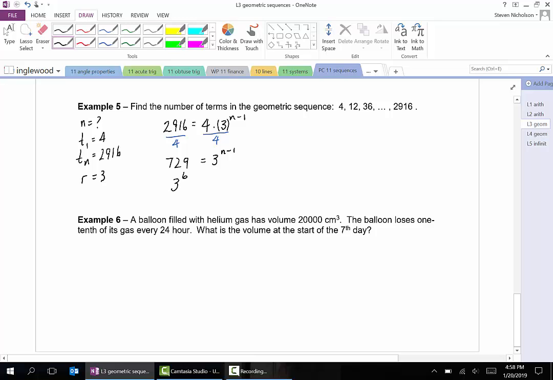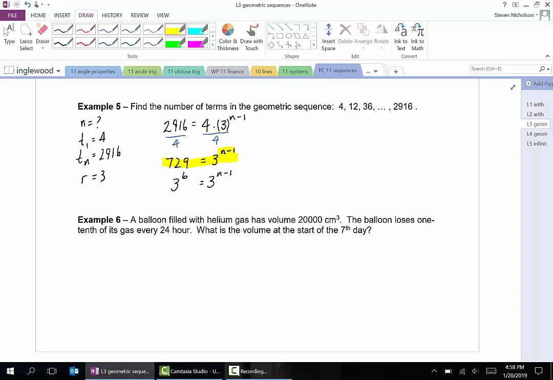So a hint is, if you ever run up against a question and you get to this stage right here, you're always going to be able to convert the number on the left to a power, in this case of 3.